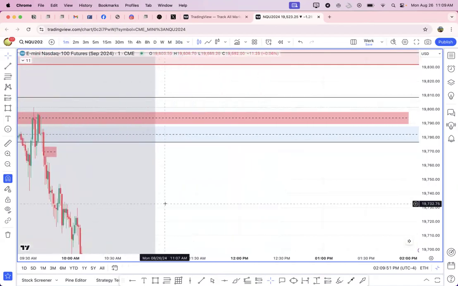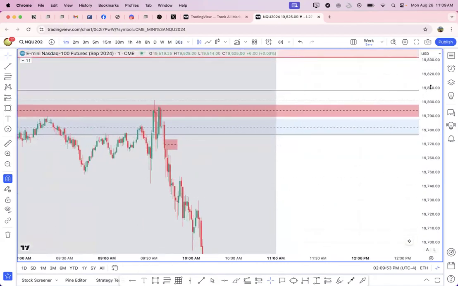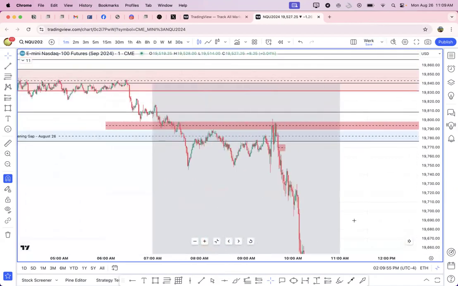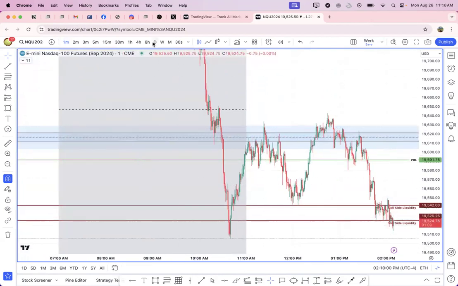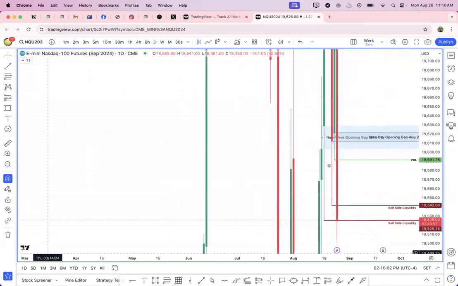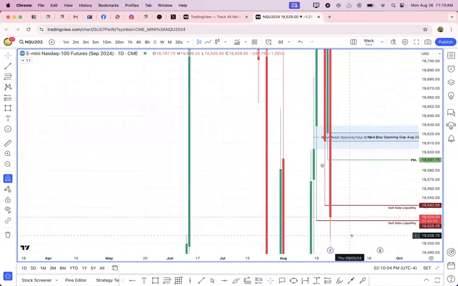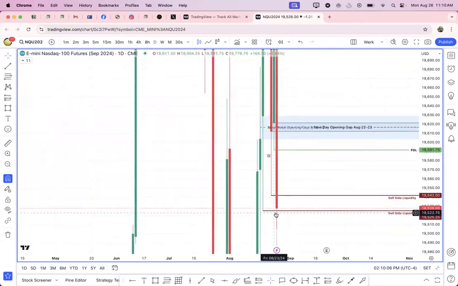And then my target, this is why this is so beautiful, was not previous day low, but it was this second sell side liquidity. Today, that's Friday. Oh yeah, this first one. That would have been my target.